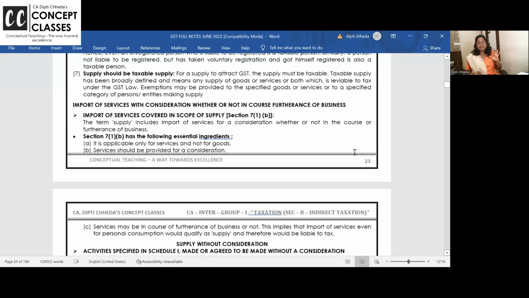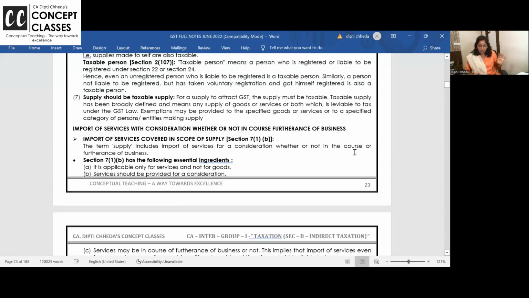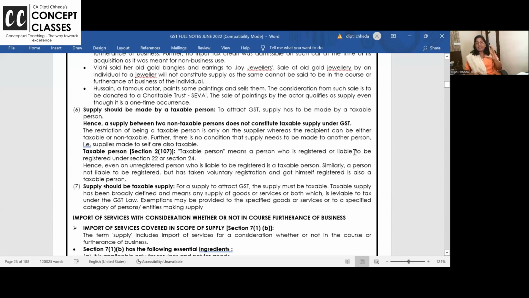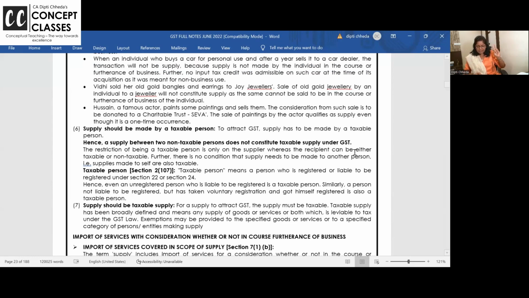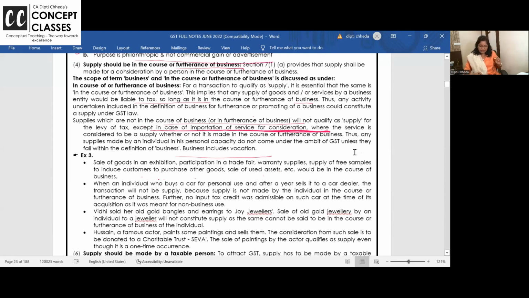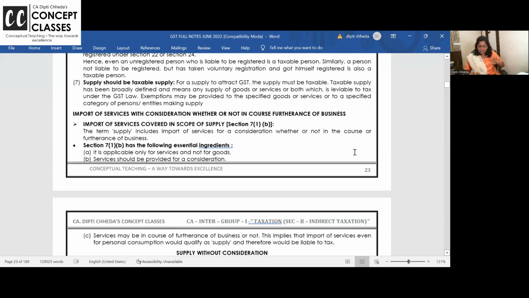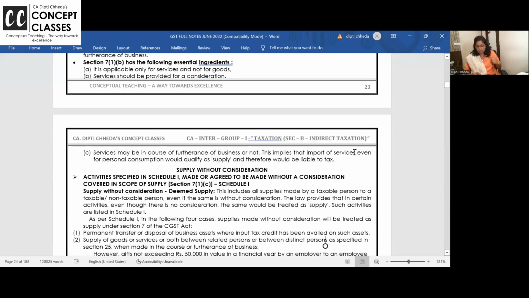So, what we have done in today's class, we should recollect. We have done all the definitions and we have started with the ingredients of supply: consideration, business purpose, furtherance of business. These are all the ingredients. Furtherance of business I will stress on, and we will take it more in tomorrow's class.